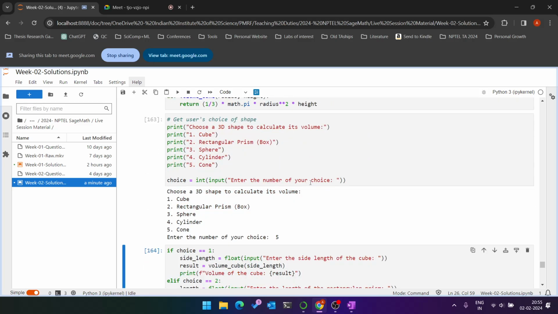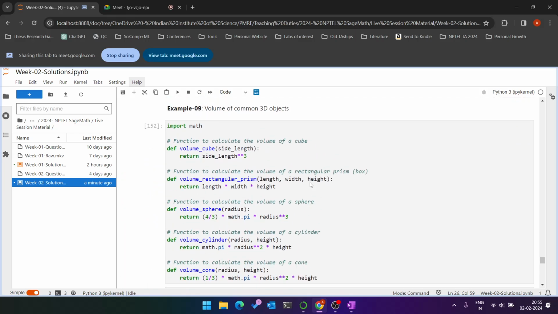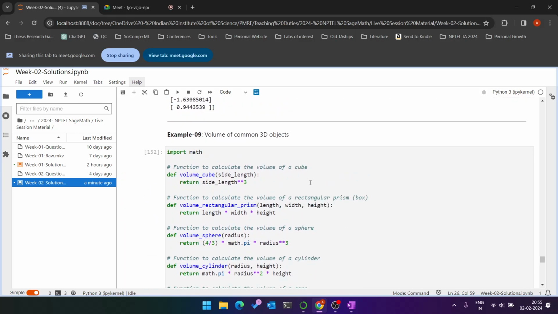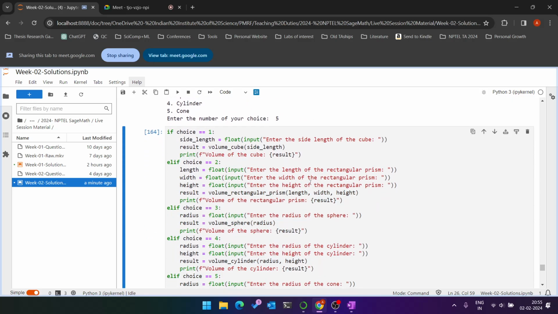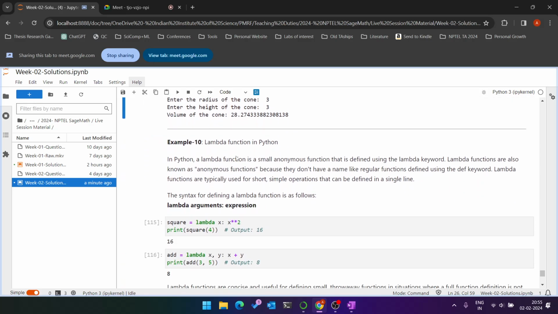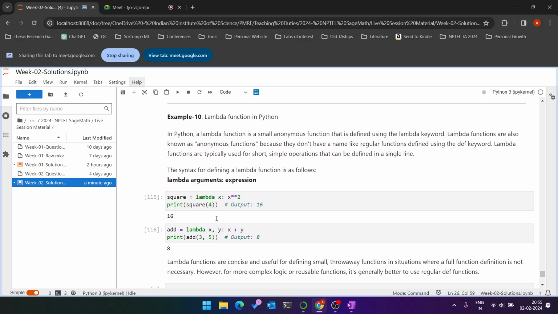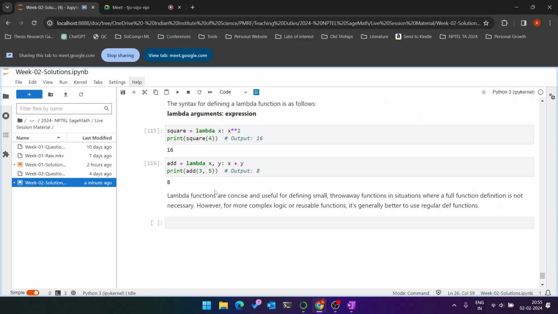We also looked at a simple choice function to calculate the volume of common 3D solids. And finally, we looked at lambda somewhere in between, which was also introduced in the previous week's lectures, but the basics weren't demonstrated clearly.